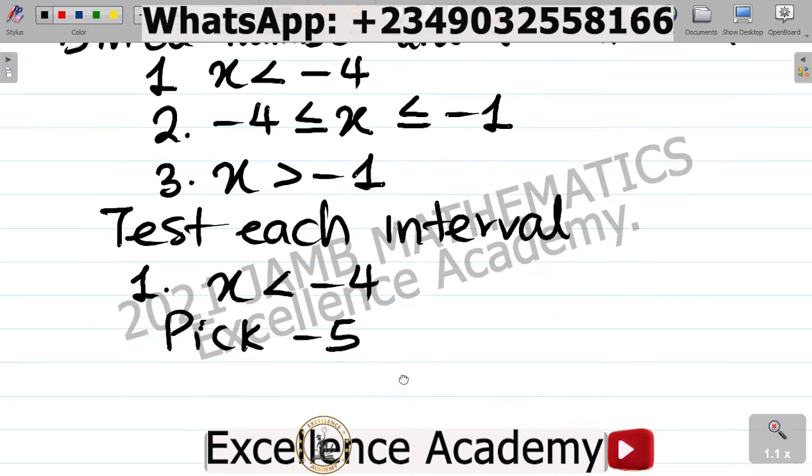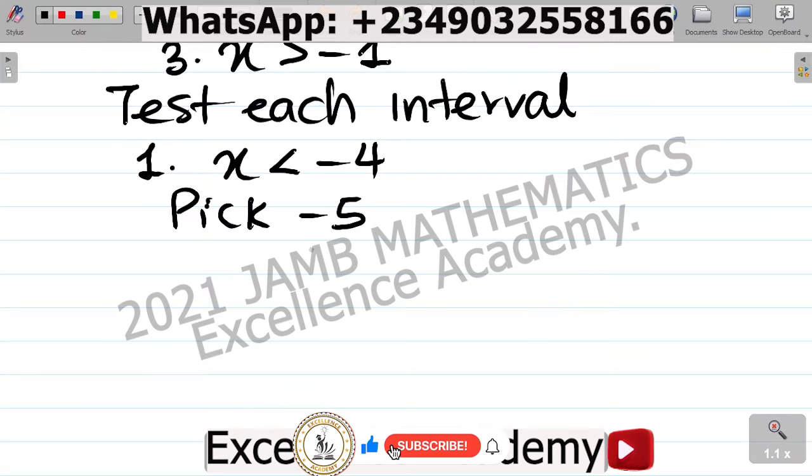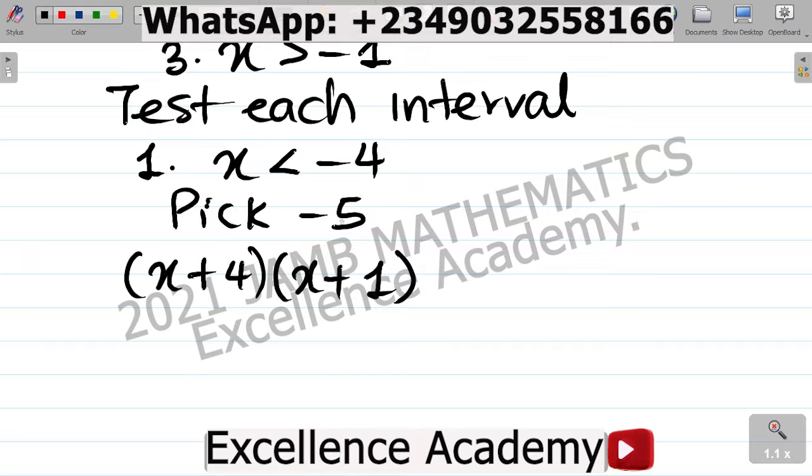Now, let's use minus 5 back in my original function, which is x plus 4 times x plus 1. Let's take x as minus 5.